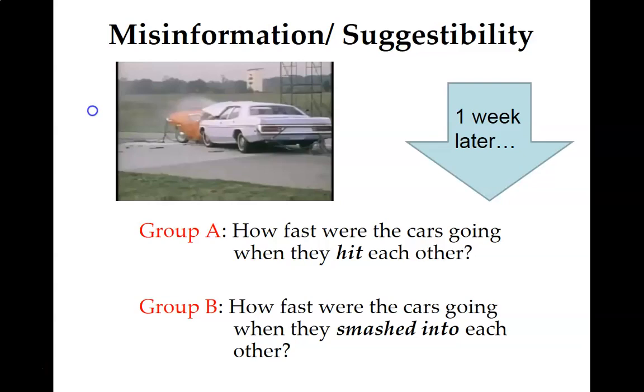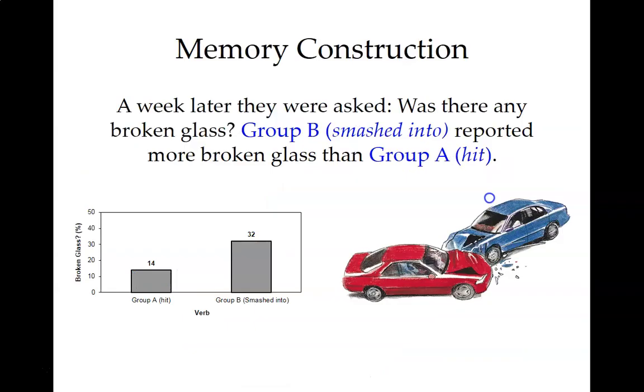Now, I'm basically asking the same thing, but the verbiage is different. Hit versus smash. Okay, clearly it is a fender bender. Okay, there is significant damage done to both cars, but a week removed, you're not going to remember all the details. You're removed from the scene of the accident. Okay, but then asking the hit group, how much glass do you remember seeing?